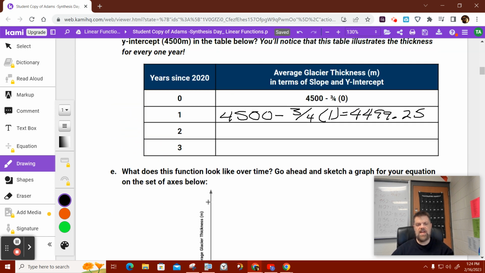And then we do this again, and I'm going to say 4500 minus 3/4. We'll put that in parentheses, times 2. Now, I'm going to guess and say that it's 4498.5. So let's plug that in the calculator.